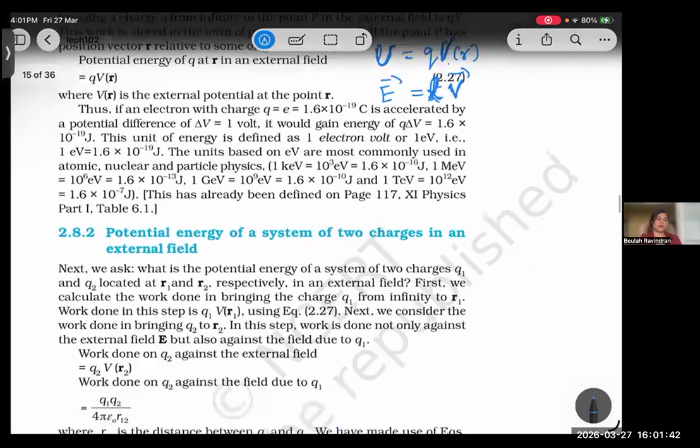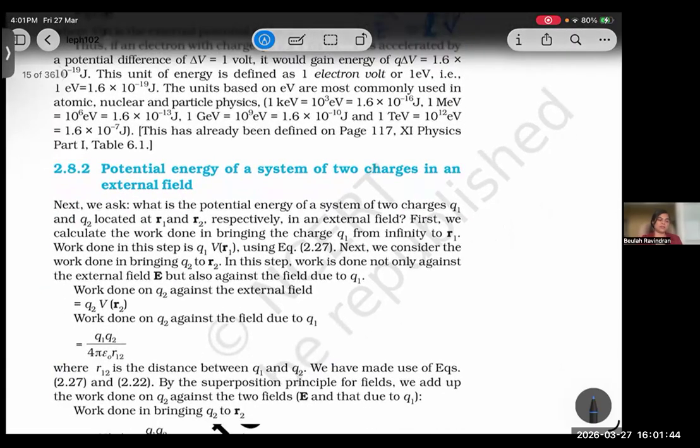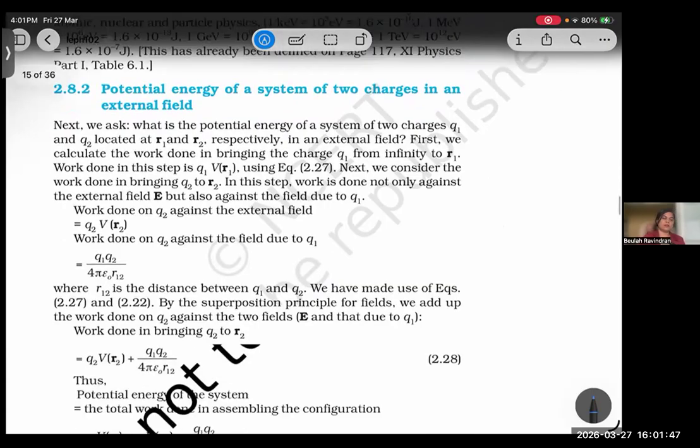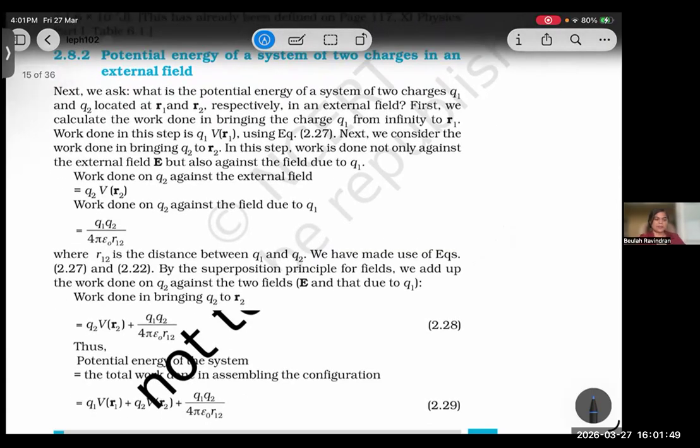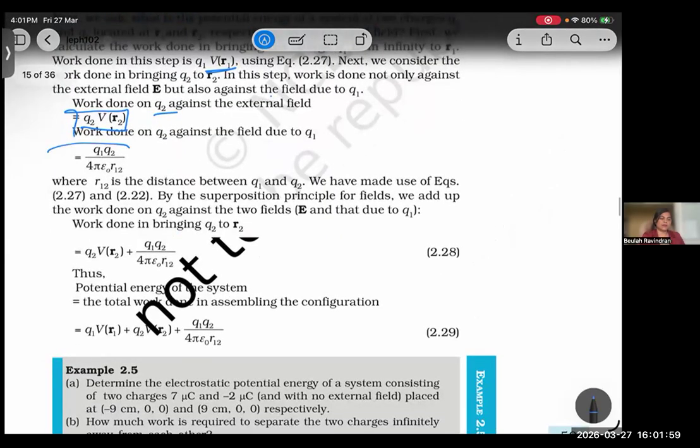And go through it. Suppose 2 point charges. Two charges means, already we saw Q1 is already there. It experiences V of R1. For Q2, you have to multiply this. That is the formula we have already seen, work done or potential energy.